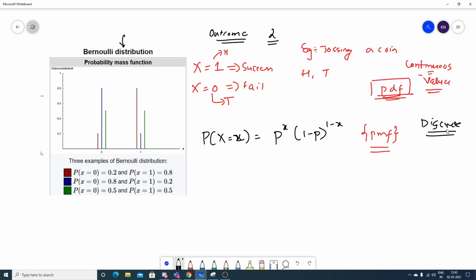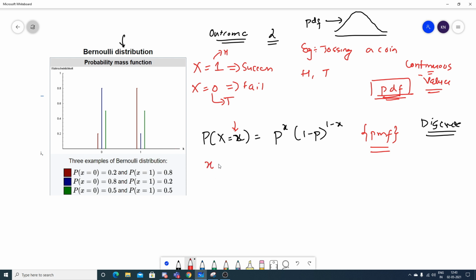Discrete basically means it has a fixed number of values, like either 0 or 1, whereas continuous values can be any value. The distributions you have seen, like the Gaussian distribution, are PDFs. In this case we will be discussing the probability mass function because my outcome is discrete.